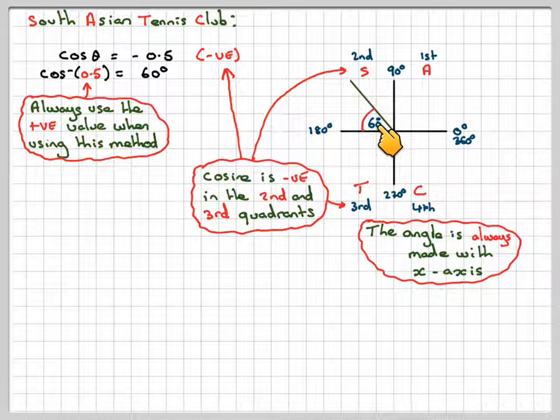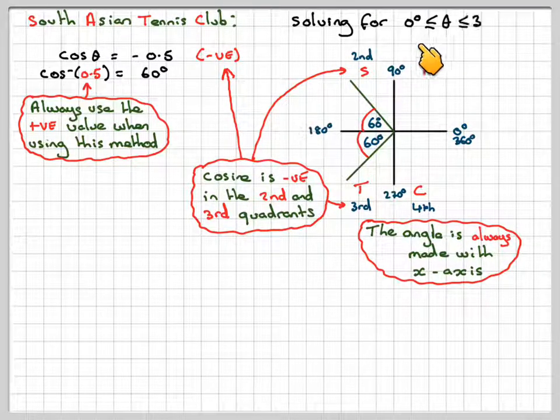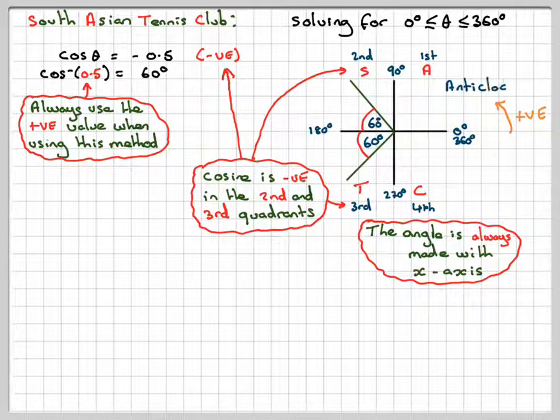So there's the first one, and then I do another one only with the x-axis. Remember, I'm solving between 0 and 360, so I'm only going to go that way around my circle, the positive way, anti-clockwise. So the first angle will be this one here, from here to here.